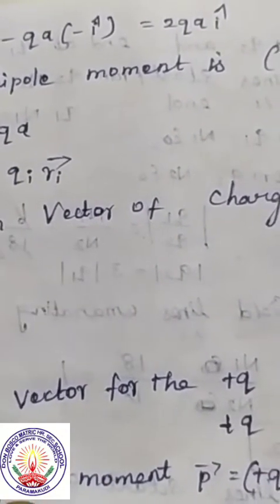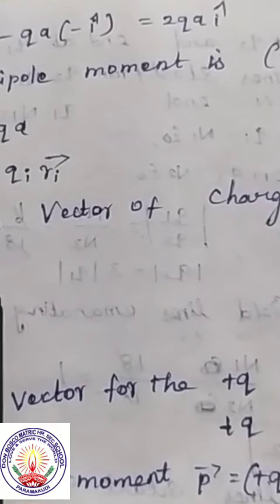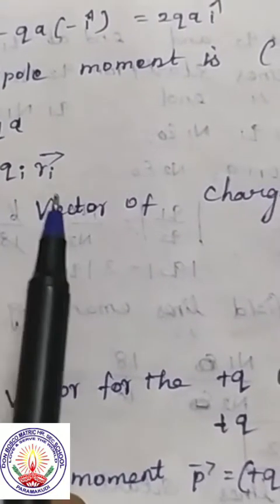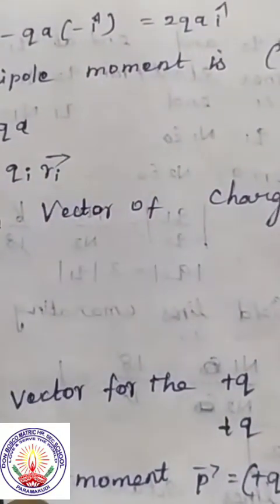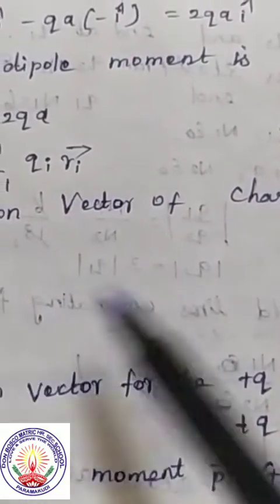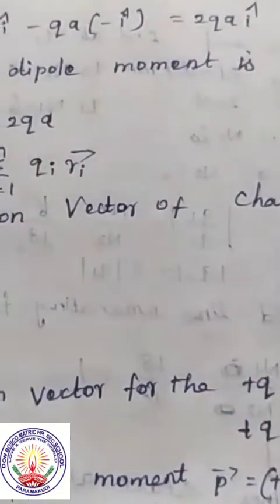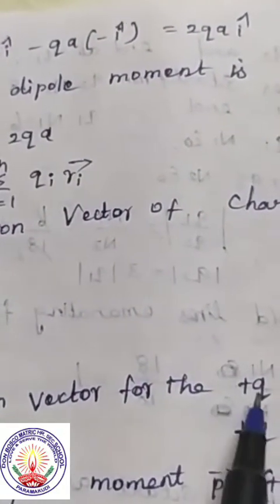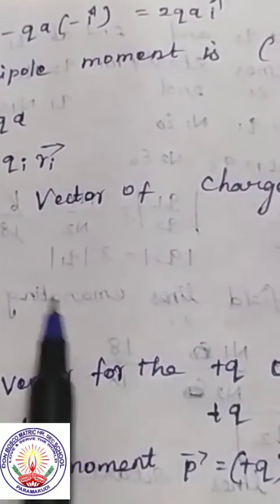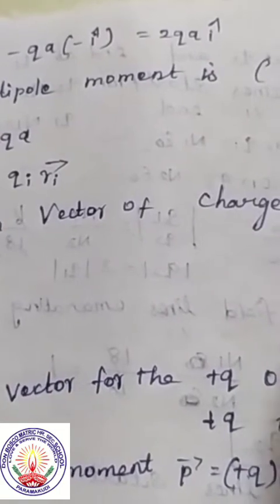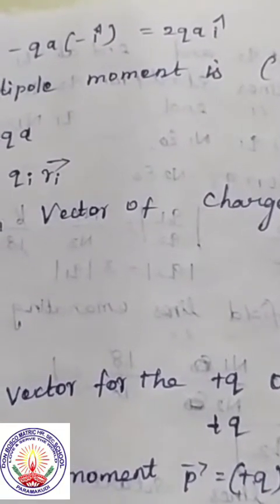That means the P vector is equal to summation of i is equal to 1 to n, Qi ri. So Q1, Q2, Q3 means charges continue, right? So we have to use summation. So Qi, ri is the position vector of charge Qi from the origin.